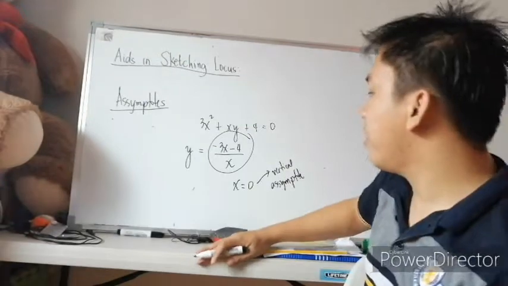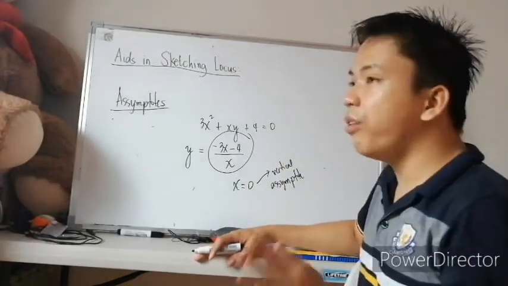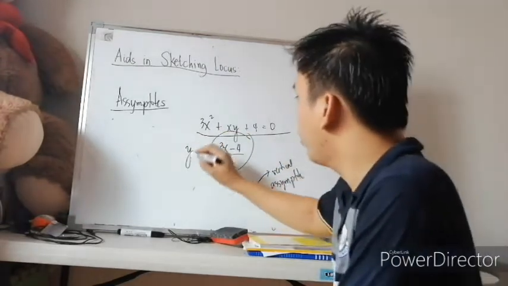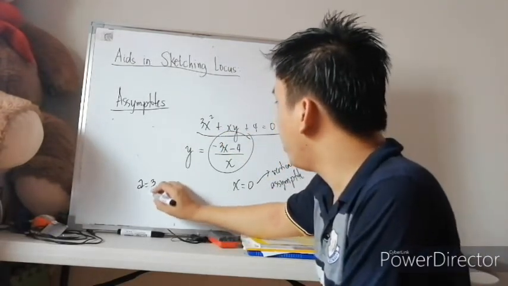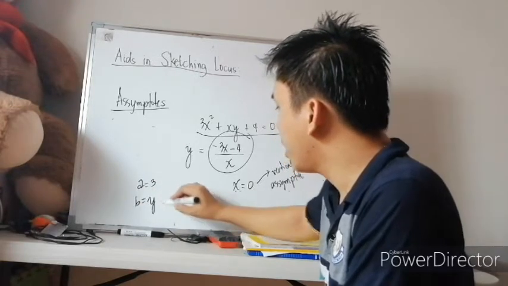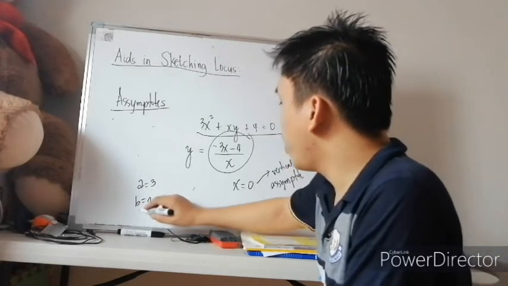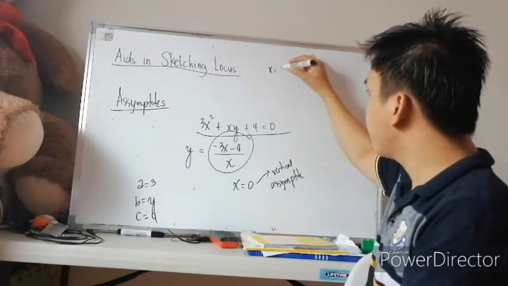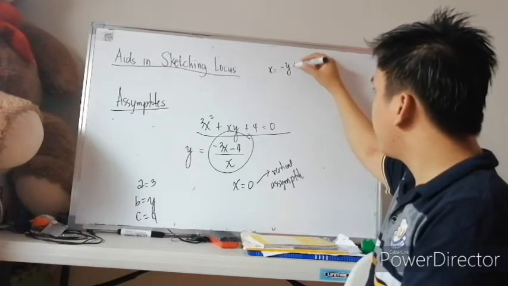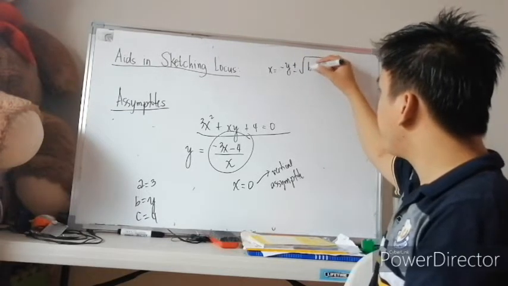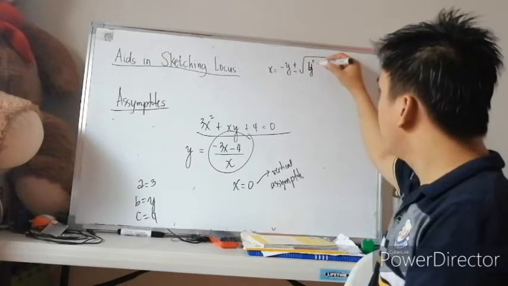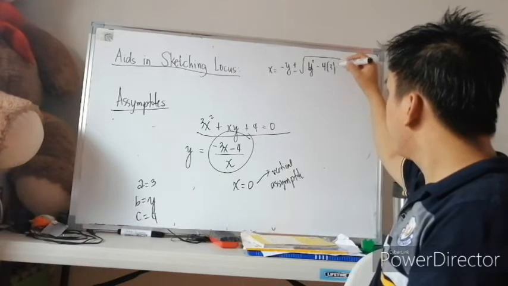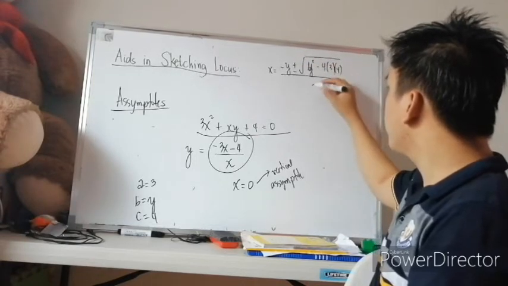So let's check first the horizontal asymptote. So let's solve for x in terms of y. So how do we solve this again in this expression? We assume a equals 3, b equals y, and c equals 4. So we'll get x equals minus b plus or minus the square root of b squared, which is y squared, minus 4ac, all over 2a.